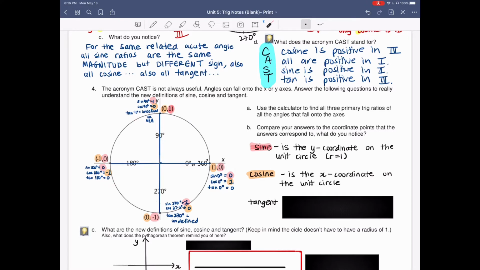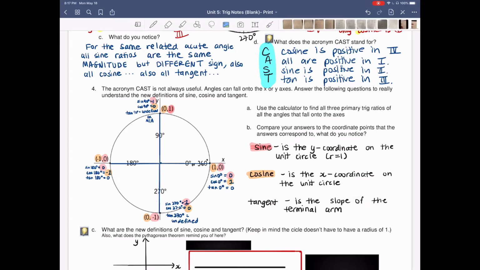Horizontal line, 0. Vertical line, undefined. What do you think? So basically, tangent is the slope of the terminal arm. So if you have moved over right 1 and you didn't go up or down at all, that means you have a horizontal line.